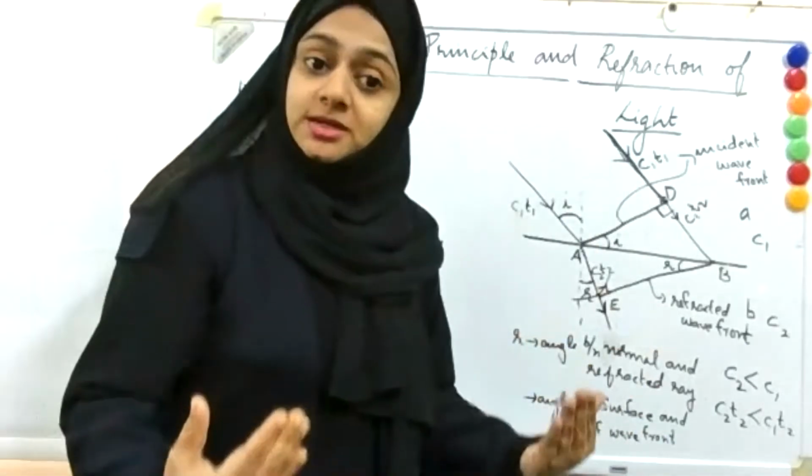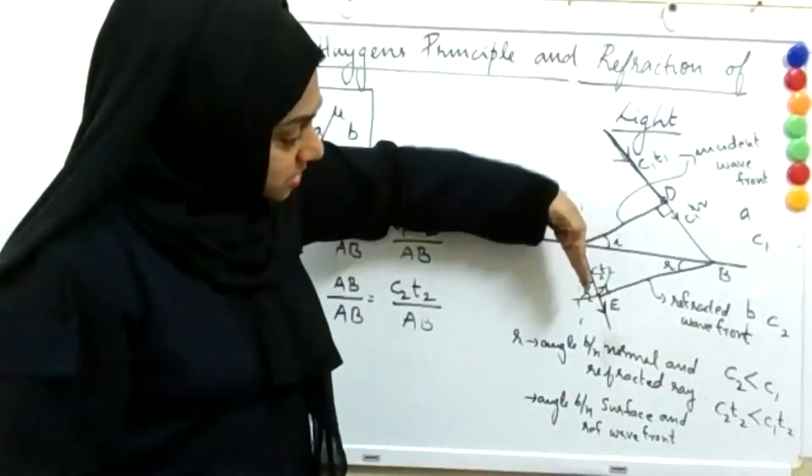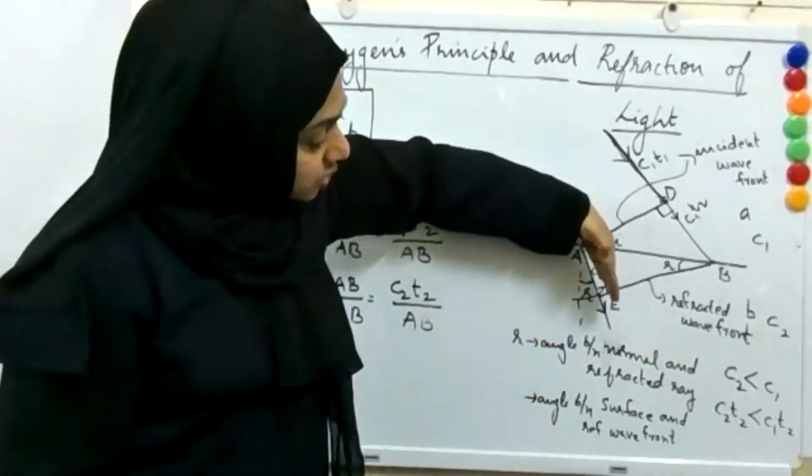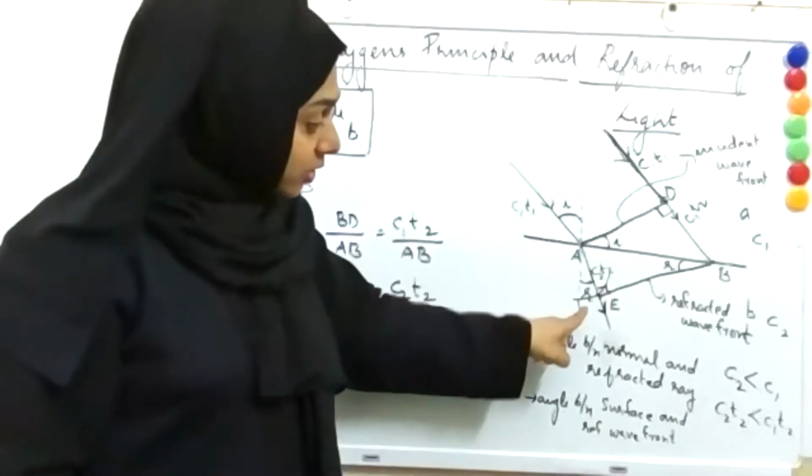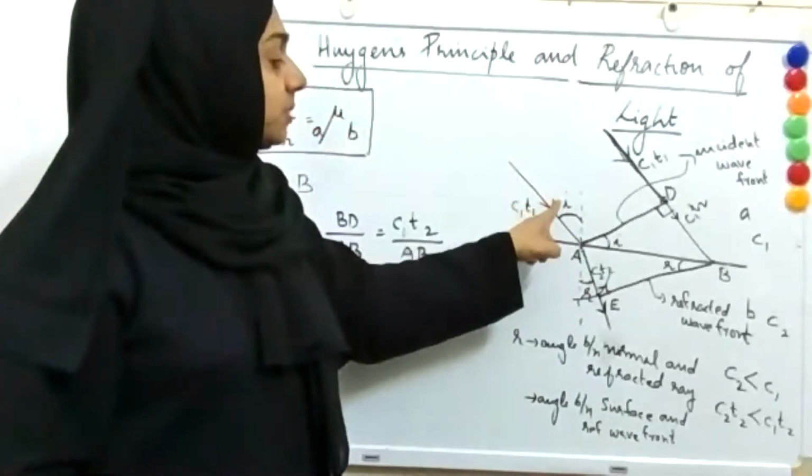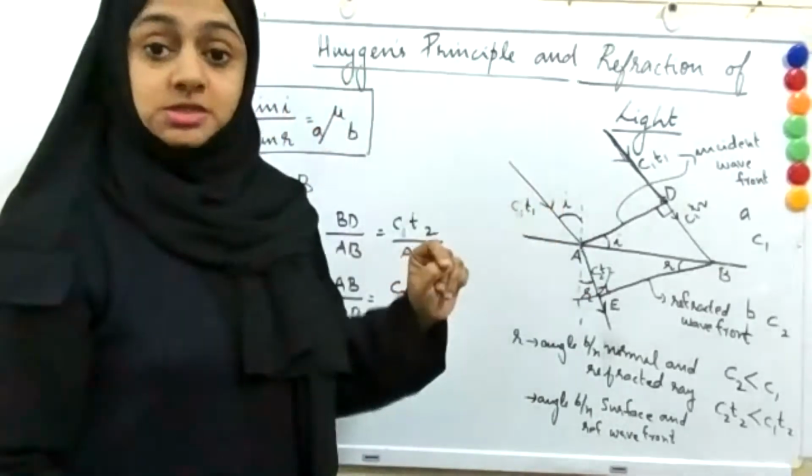Since it is optically denser, as it moves into the second medium, it turns towards the normal. So the angle of refraction r will be less than the angle of incidence i.